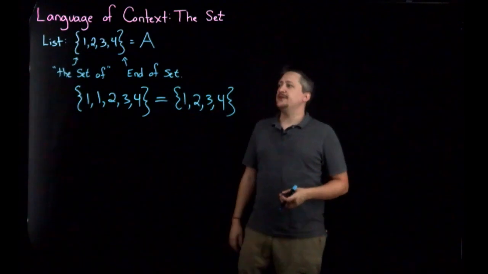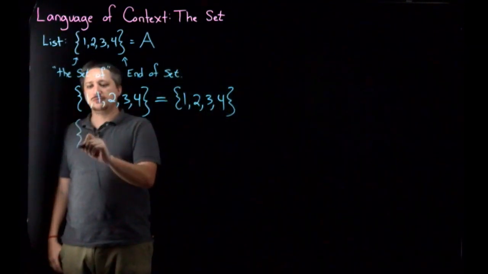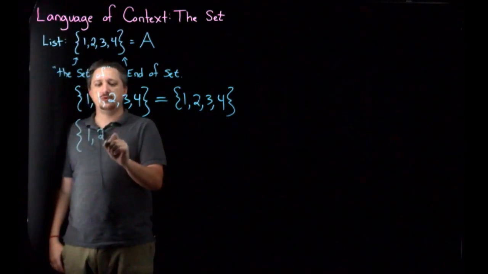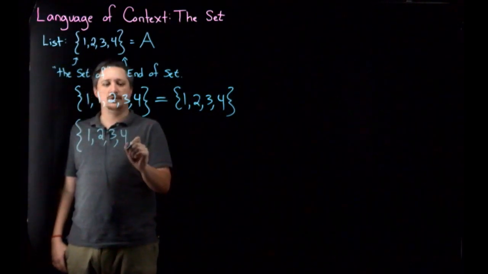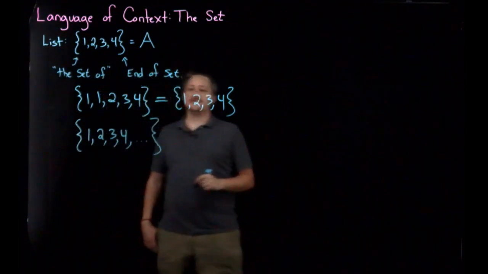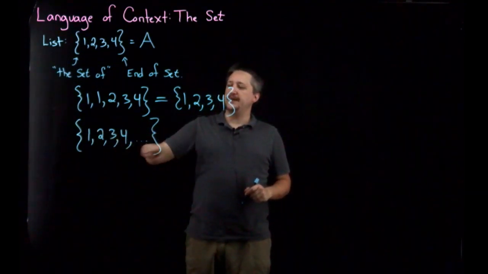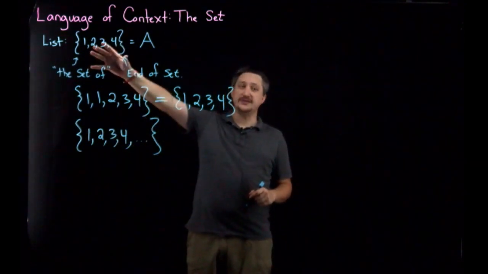Now with lists in particular, I could do, say, 1, 2, 3, 4, dot, dot, dot. So use the ellipsis. Strictly speaking, this is an acceptable way of listing values.